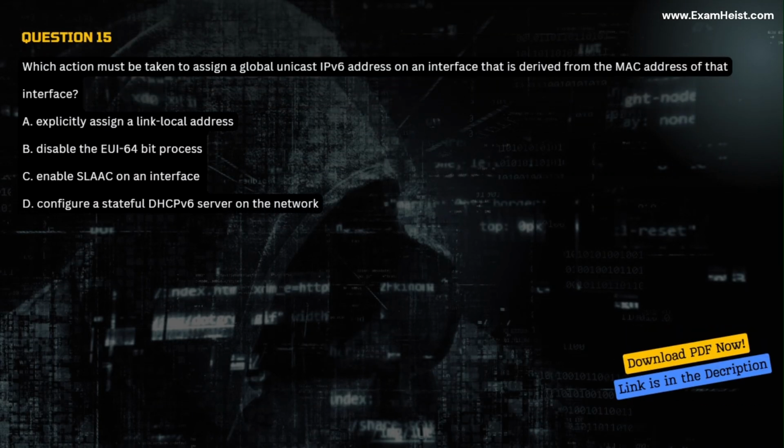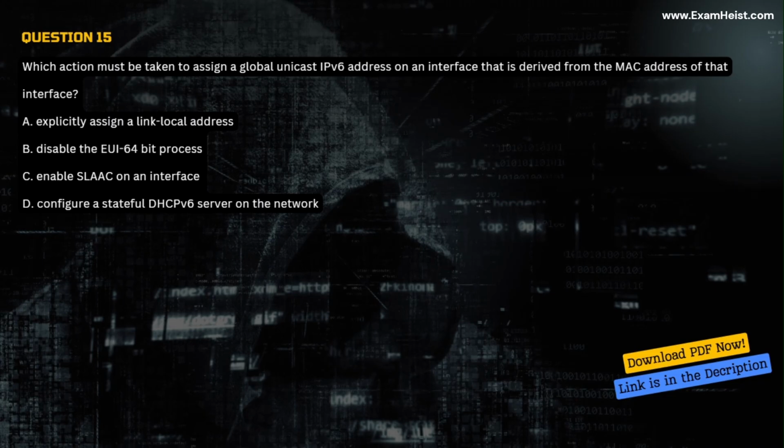Question 15. Which action must be taken to assign a global unicast IPv6 address on an interface that is derived from the MAC address of that interface? A. Explicitly assign a link local address. B. Disable the EUI-64 process. C. Enable SLAAC on an interface.